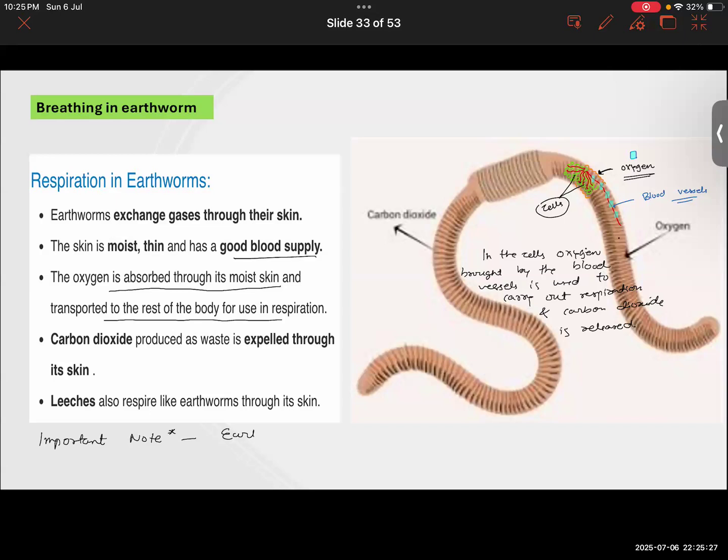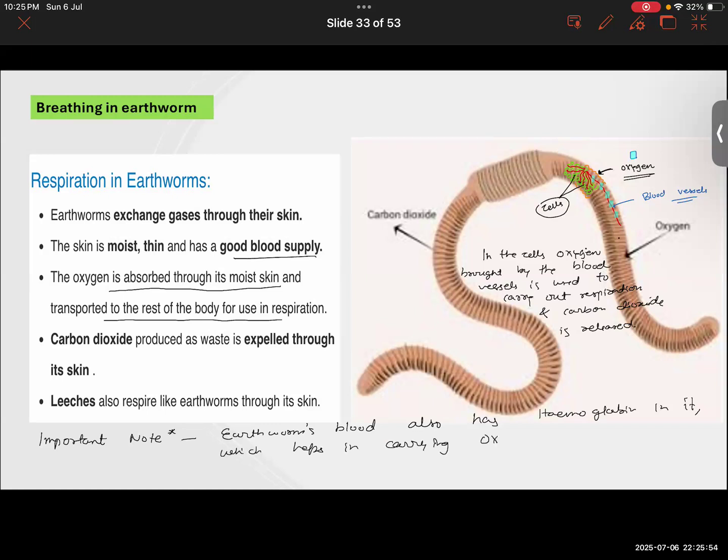Earthworm blood has hemoglobin in it, the same pigment present inside our blood that makes it red, which helps in carrying oxygen.